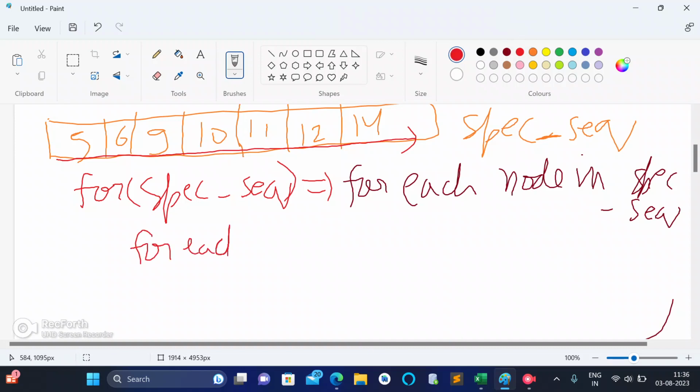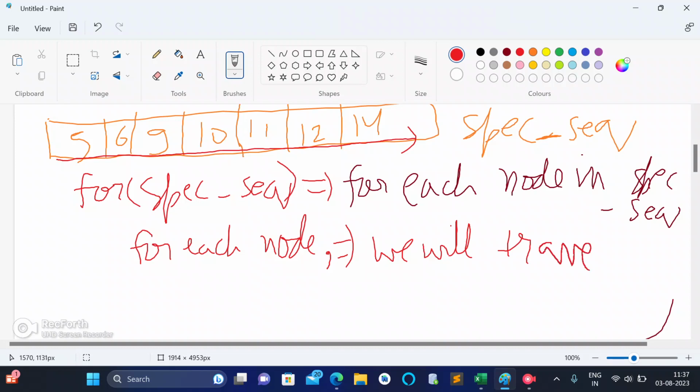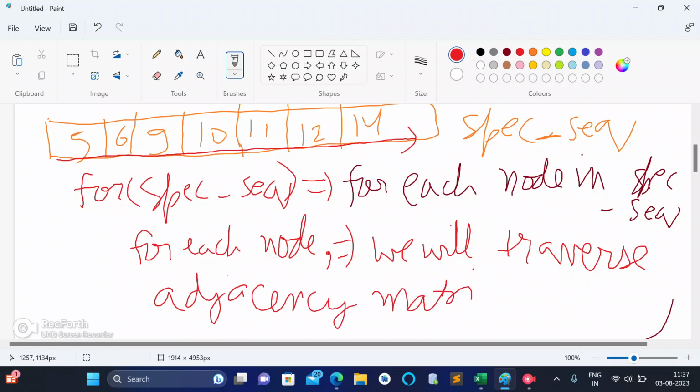This is the most important part, so carefully understand it. For each node, we will traverse the adjacency matrix of that node.